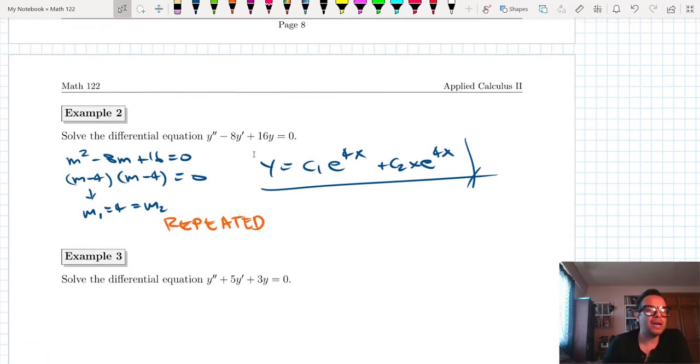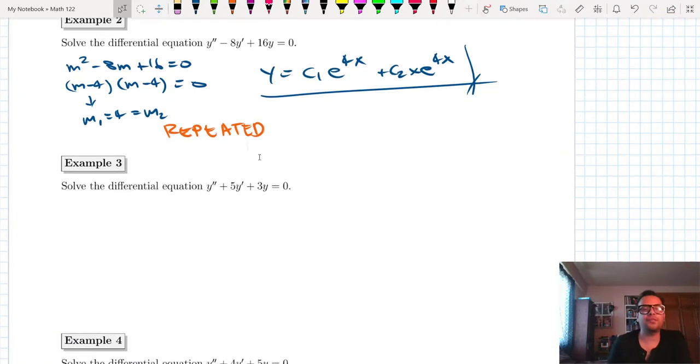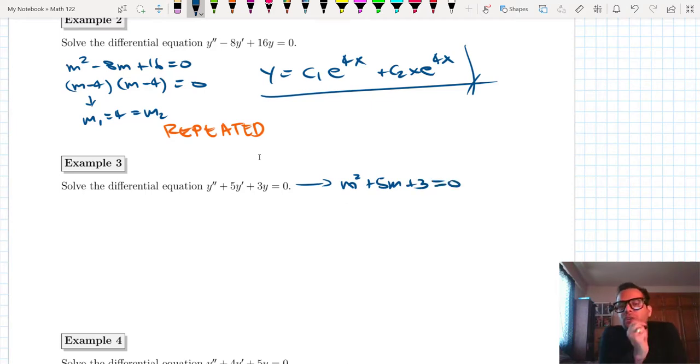Okay, what about when we have kind of ugly numbers? Okay, let's write down the characteristic equation for this differential equation. M squared plus 5m plus 3 equals 0. So in this case, if you try to solve by factoring, it's not going to work because there's no way to find factors of 3 that add up to 5.